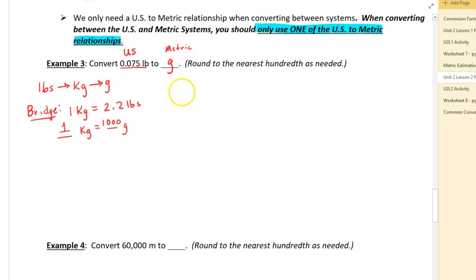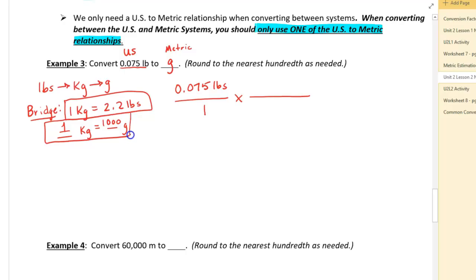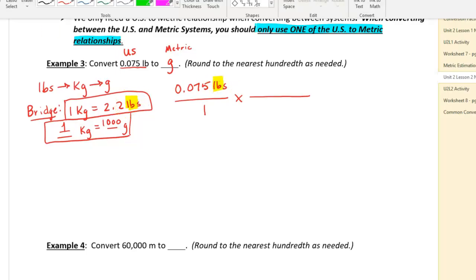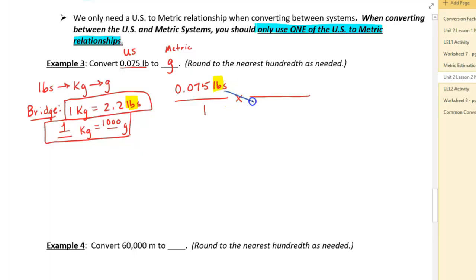Okay, so to start our string, we have 0.075 pounds, and we're going to put that over 1. So the way to know which one of these we're going to use next, remember, it has to have pounds in it. So this one has pounds, so that's the one we're going to put next. And we're going to put pounds on the bottom so that they'll cancel out.